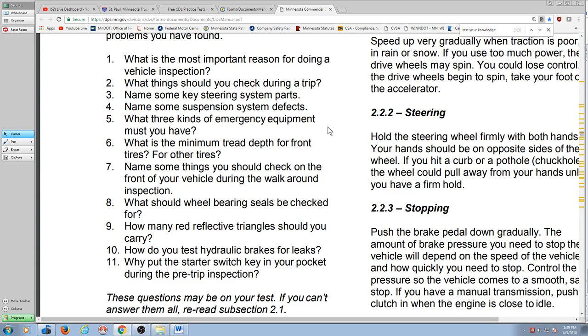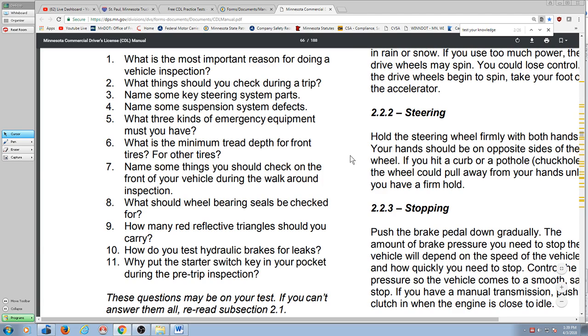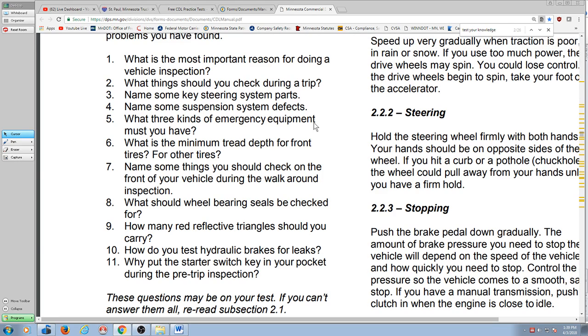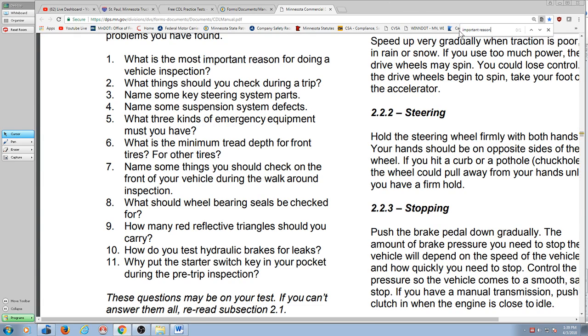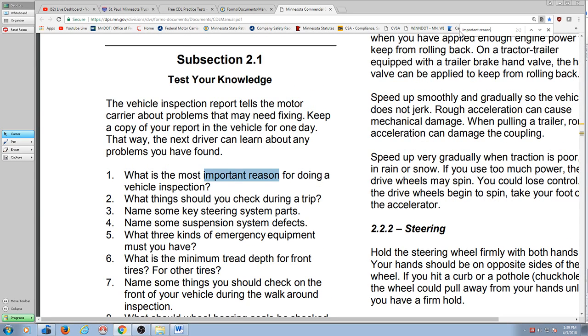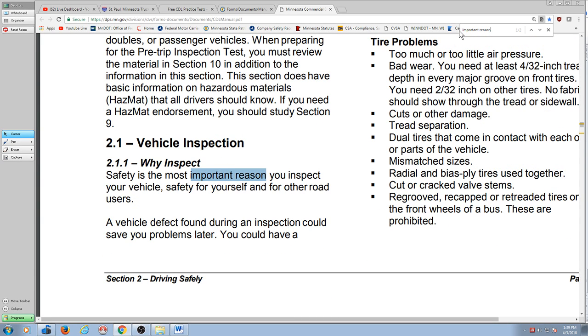But here's another little tip I want to give you. So remember my find box that I was using, all right? So like the first question, what's the most important reason for doing a vehicle inspection? Well, what if I took important reason, copy it and paste it in my find box, there it is. Safety is the most important reason, so you were right, okay?